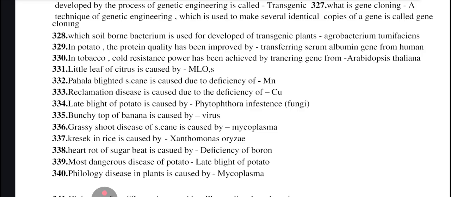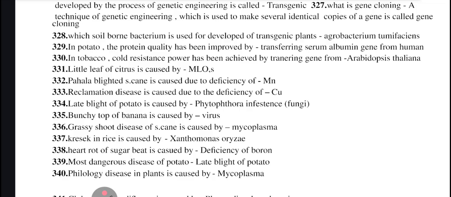In potato, protein quality has been improved by transferring serum albumin gene from human beings. In tobacco, cold resistance has been achieved by transferring gene from Arabidopsis thaliana. These two are very important because these repeatedly appeared in ASRB exams.